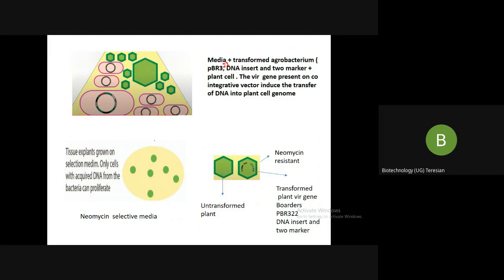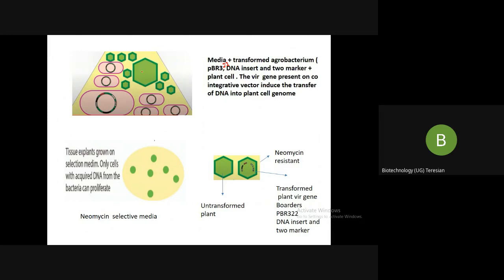Which are these plant cells? These are the plant cells which are of interest. Suppose this is a crop plant and I want to modify this plant with my gene of interest, which is now in the agrobacterium. So I will have a mixture of agrobacterium and my plant of interest.